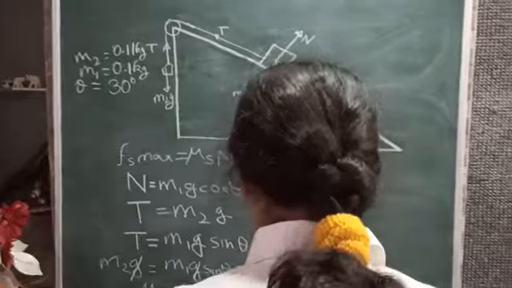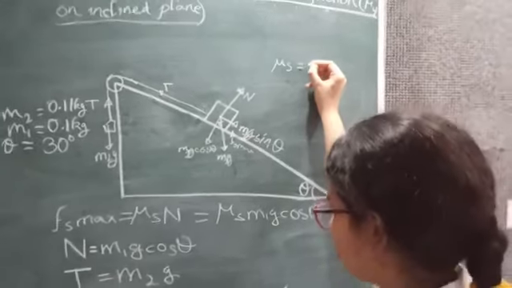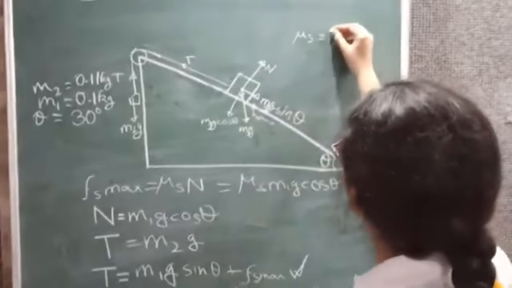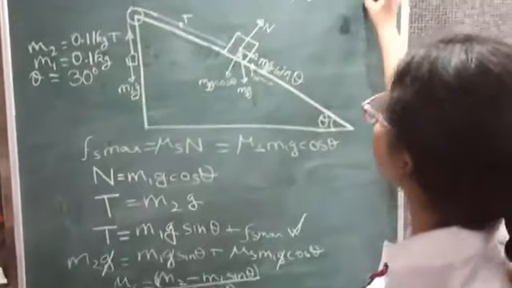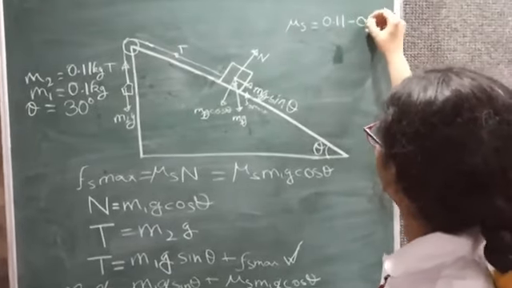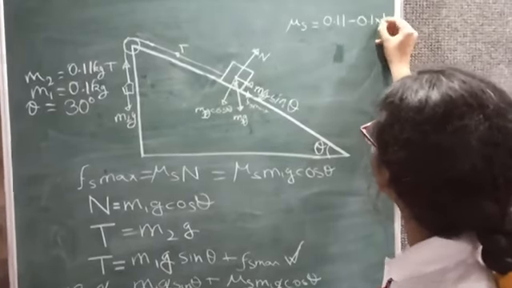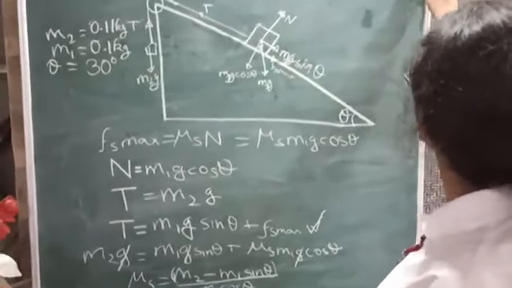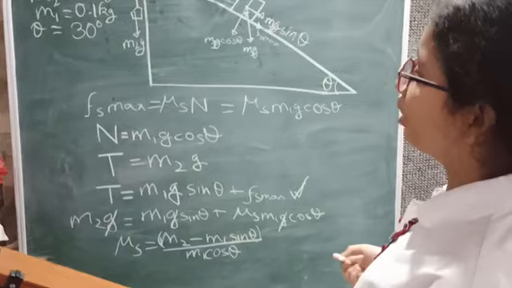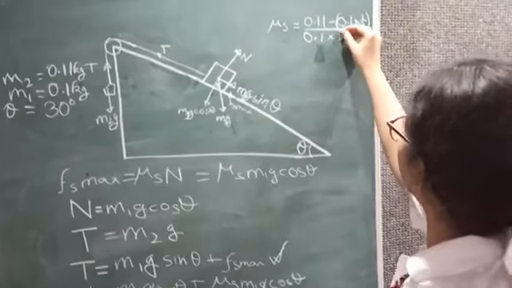Now by putting all the values in the given equation, we find that mu s is equal to m2, which is 0.11, minus m1, which is 0.1 kg, into sin 30, which is half, divided by m1, which is 0.1 kg, into cos 30, which is root 3 by 2.